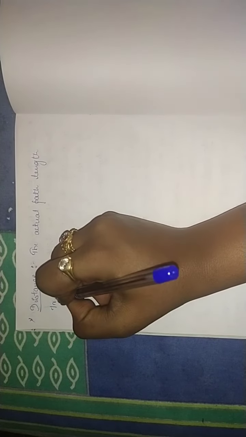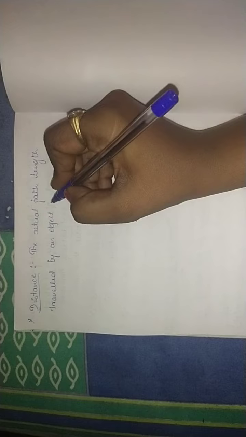Let me write: the actual path length traveled by an object is called distance. Easy, isn't it children?